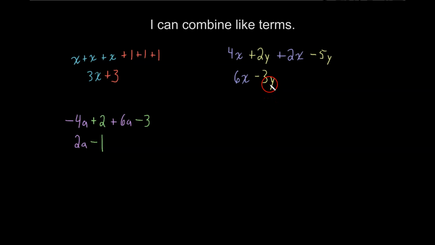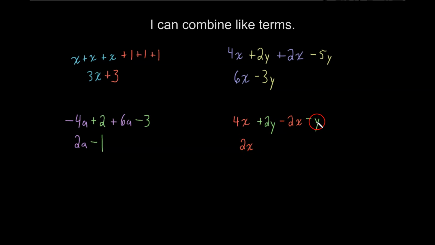Let's look at one last example. We're given 4x plus 2y minus 2x minus y. And again, we can only combine our terms which have the same variables or are both constants. All of these terms contain variables, so we're going to combine our x's. 4x minus 2x gives us 2x.